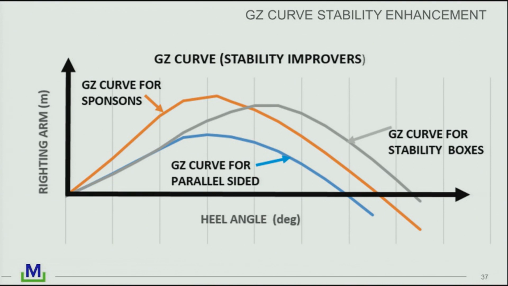The grey curve now is with the stability boxes where they're only on the deck. Because it's weight high up, you in fact get a reduced GM to begin with, but then because you pick up that buoyancy at probably 20 degrees angle, it actually is better than putting sponsons on.